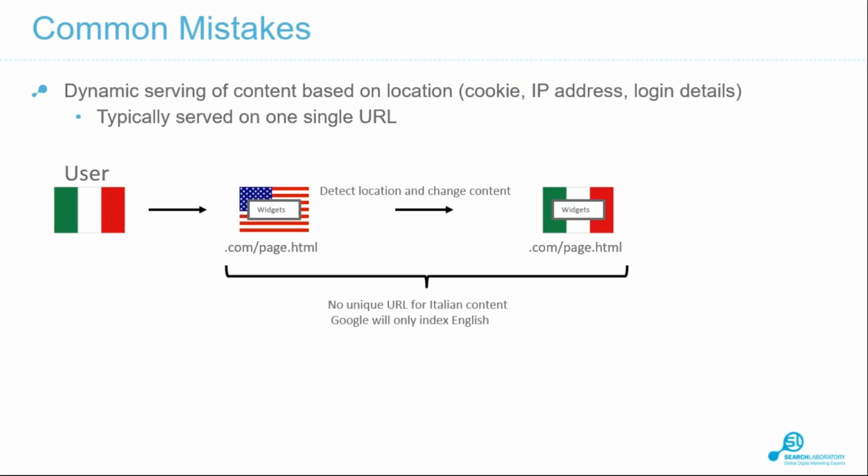So there's no unique URL for the Italian content. Google is only going to see the first instance of the content, which is English for America, and it will never see the Italian content. So this site in this example is really going to gain no kind of visibility in Italy or for Italian users. I would say that if you have the capability of translated content for a local region, then structure your website accordingly in order to gain that maximum level of visibility.